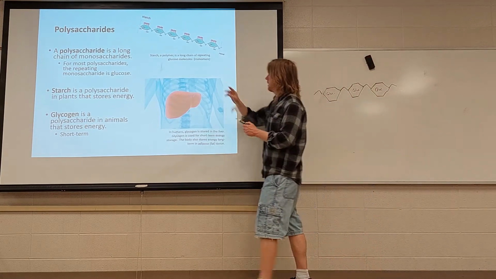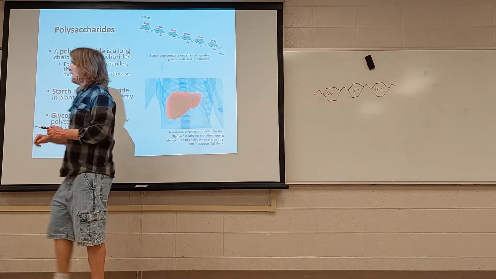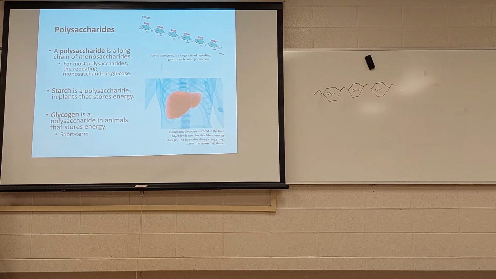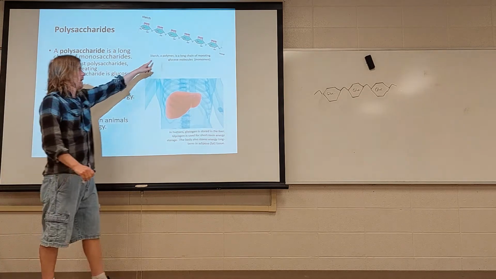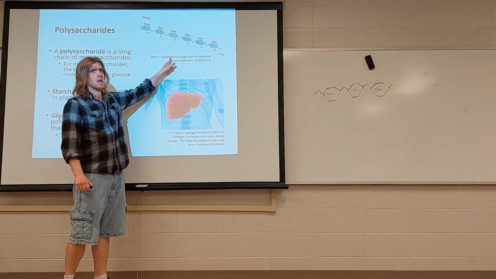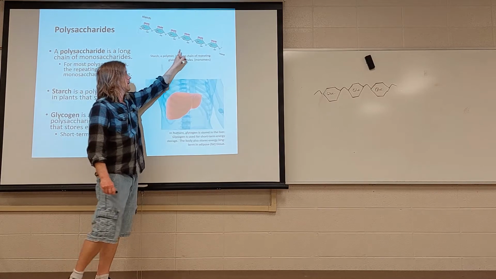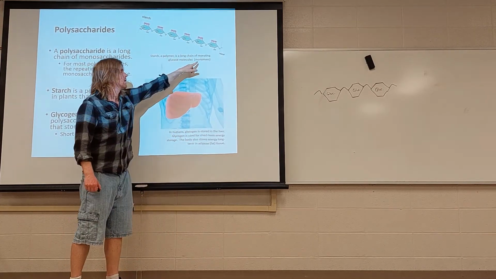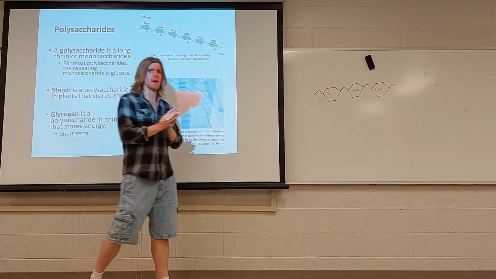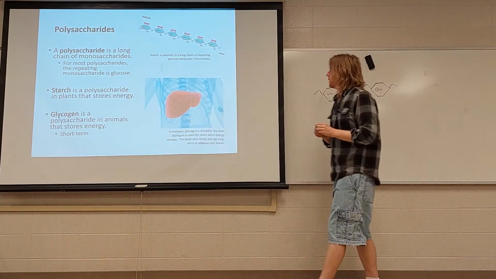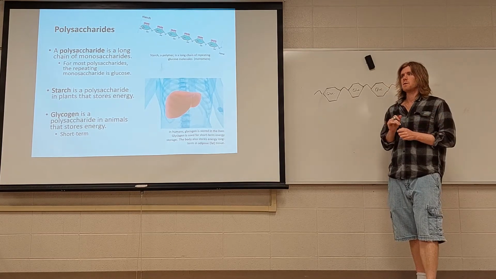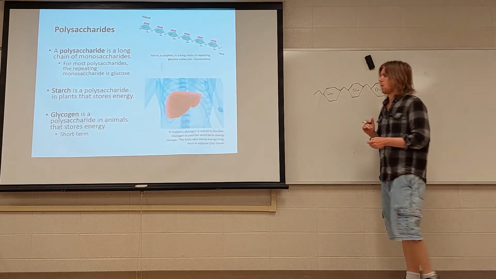If you make a big long chain of repeating simple sugars, you are now a polymer, because there's a lot of them. And each simple sugar in that chain is called a monomer. One such chain of simple sugars is starch.